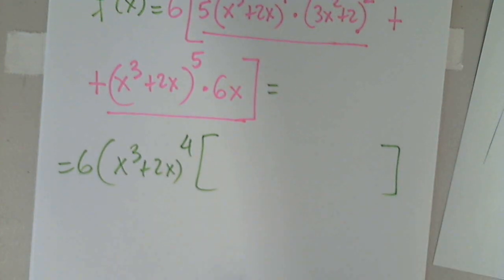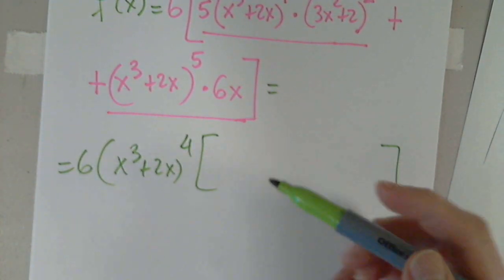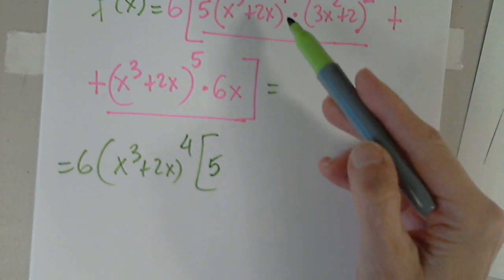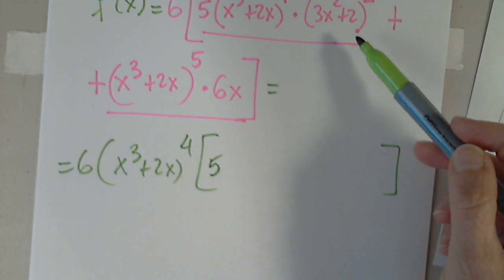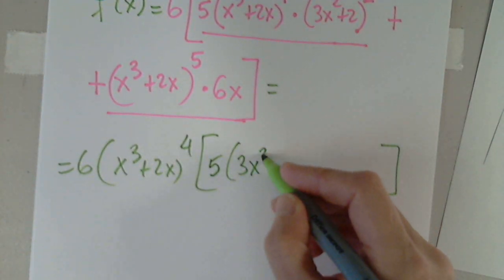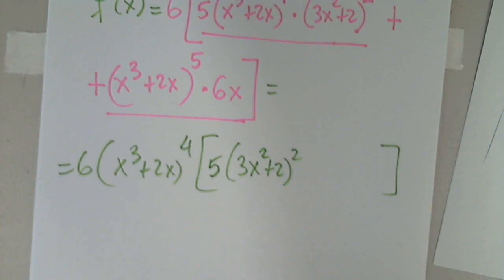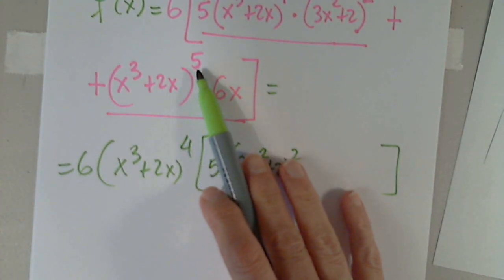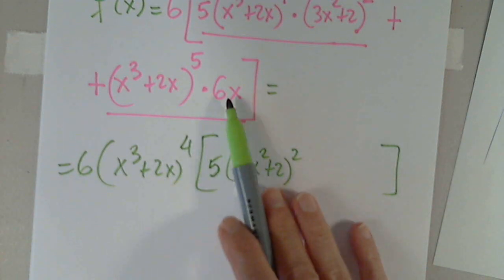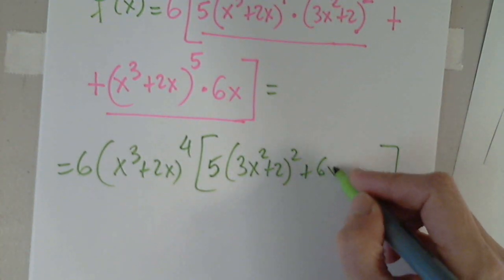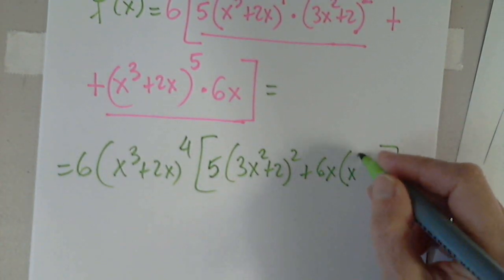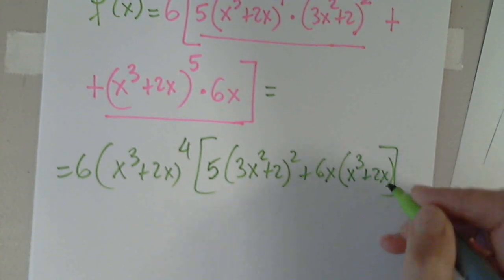And let's see what is left. 5 is left. This is completely out. I still have 3x squared plus 2 squared. 5, I had 5, but I took out 4, and 6x. So plus 6x, and I still have left an x cubed plus 2x.